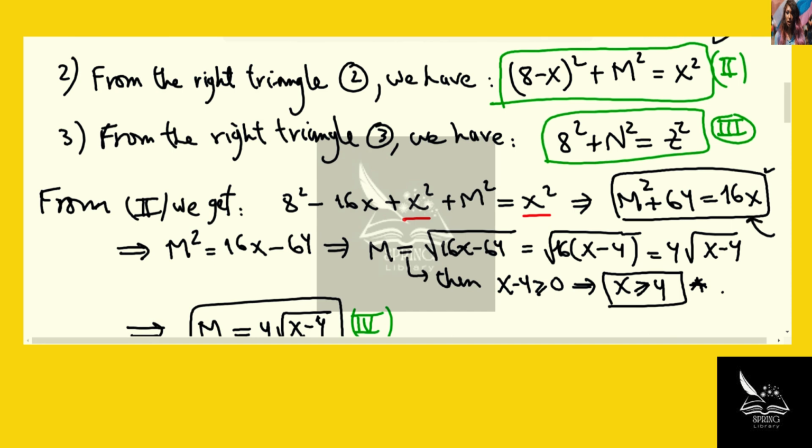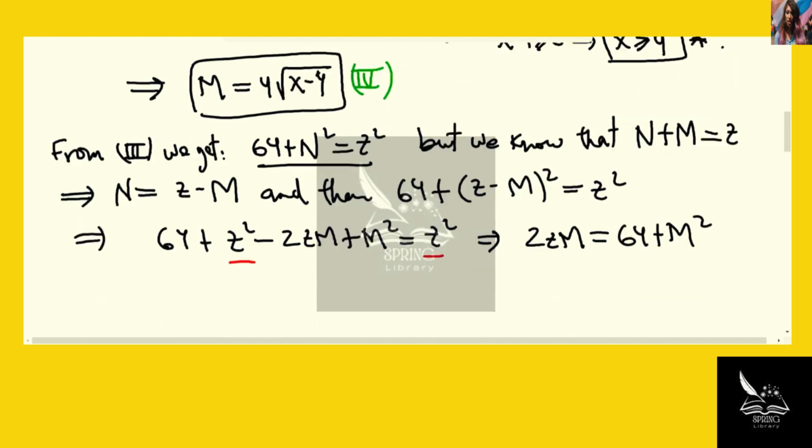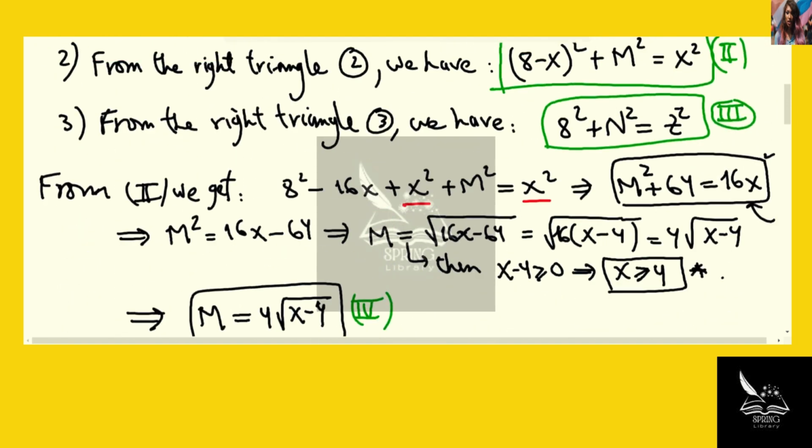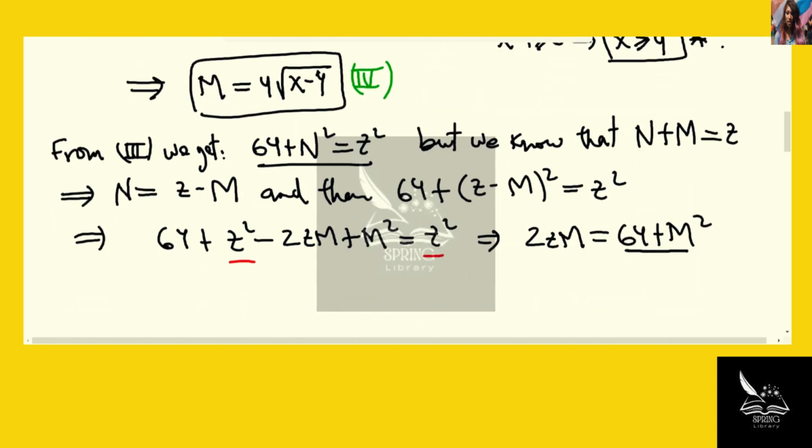m squared plus 64 is 16x, as we can see here, so we can replace that with 16x.